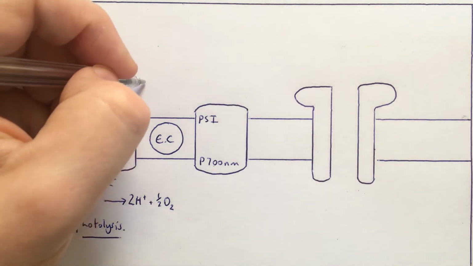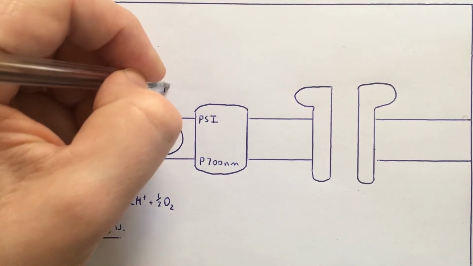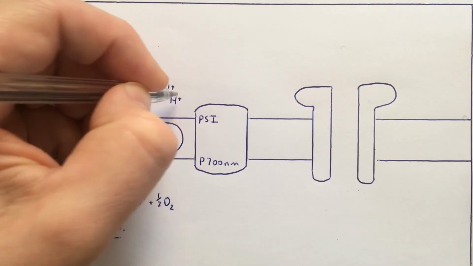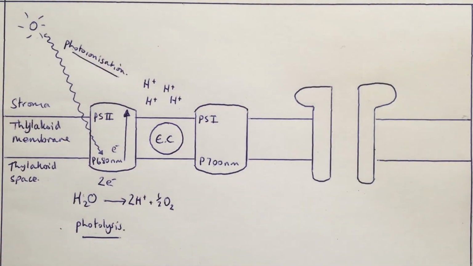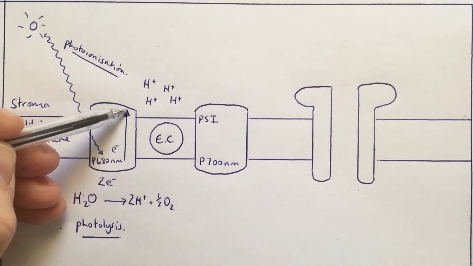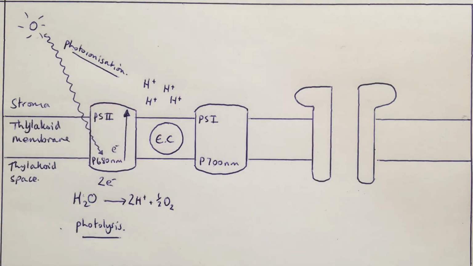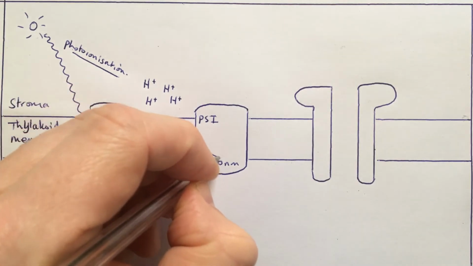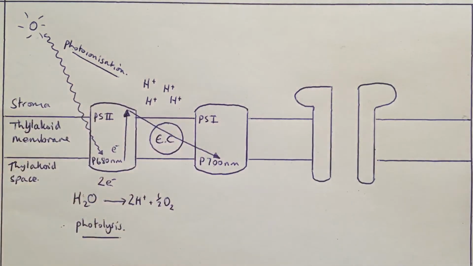Now, we have a high concentration of protons outside in the stroma. So this electron has gained energy and moves to the top of photosystem 2. As it's no longer being excited by this light ray or photon, it loses its energy as it passes from photosystem 2 to photosystem 1.